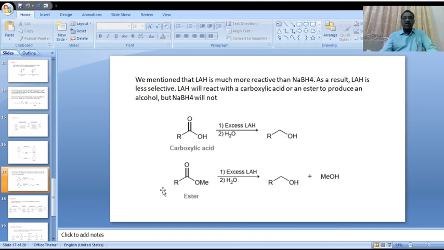Same in the ester. Here please observe R C double bond O, O Me. Here Me means methyl ester compound.